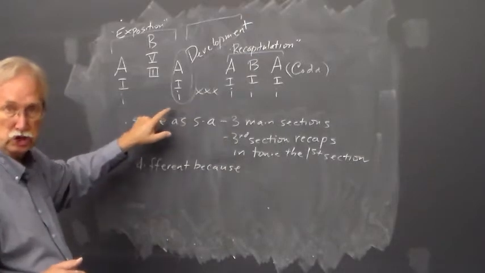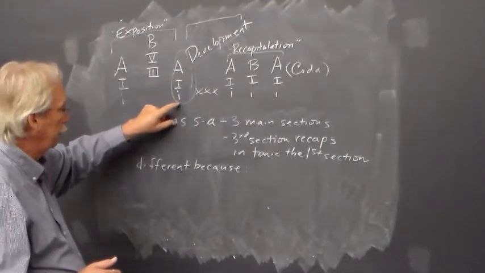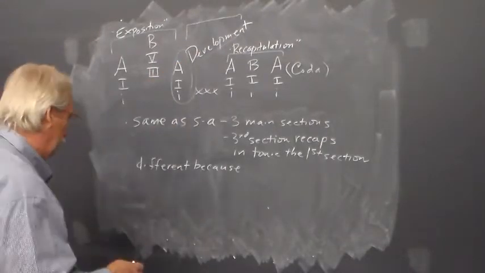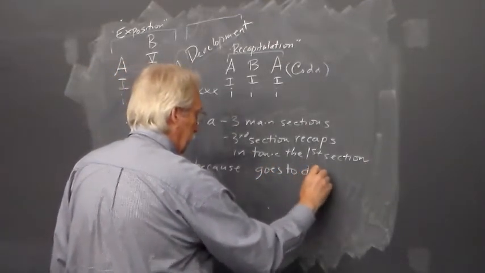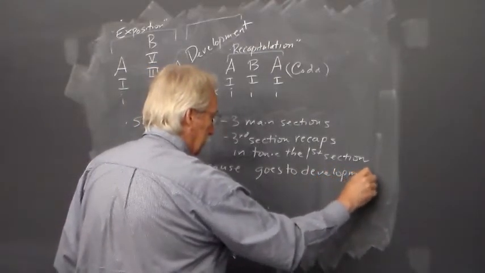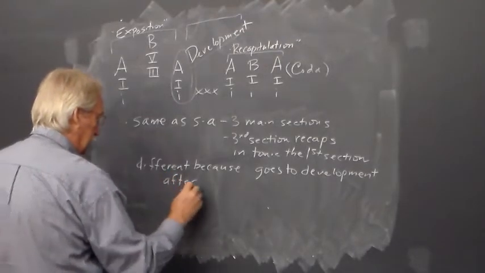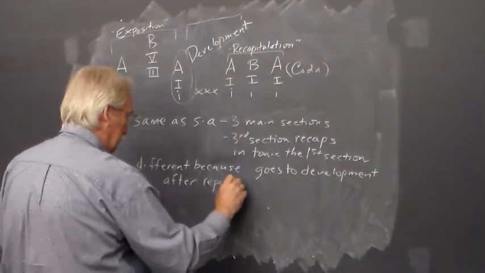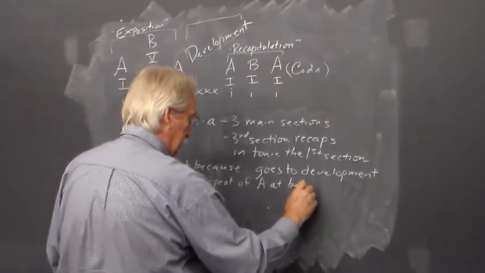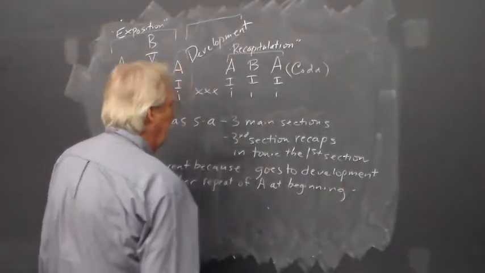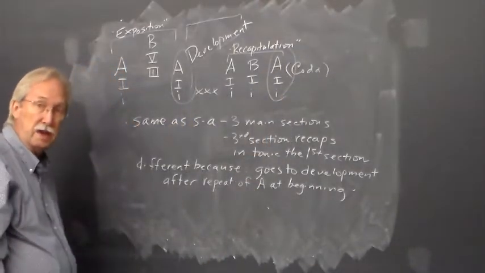It has that written out return, but then it goes straight away, instead of having a repeat of the end, it goes straight from the repeat of the A theme to the development. And then sonata-rondo has this extra restatement of the A theme at the end of the movement.